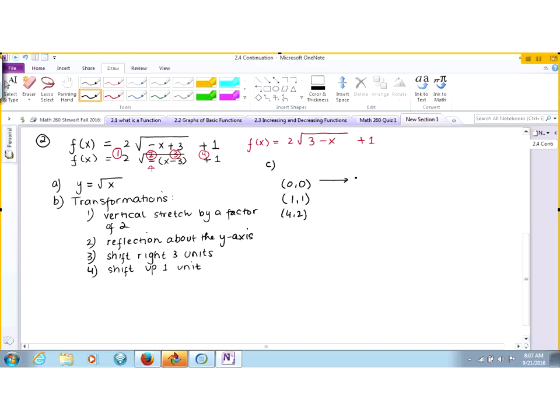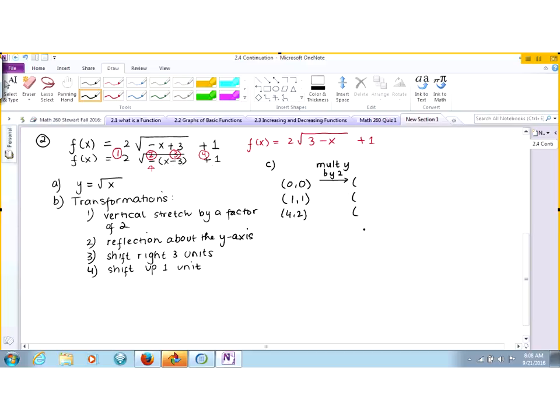Okay. So now, let's see. So vertical stretch by a factor of 2. So Jennifer, can you tell me, what do you actually do to your x and y if you vertically stretch it? Any idea? Multiply y by 2?